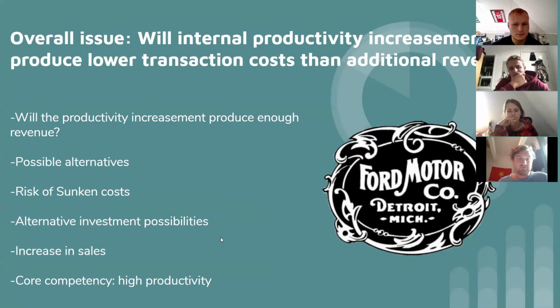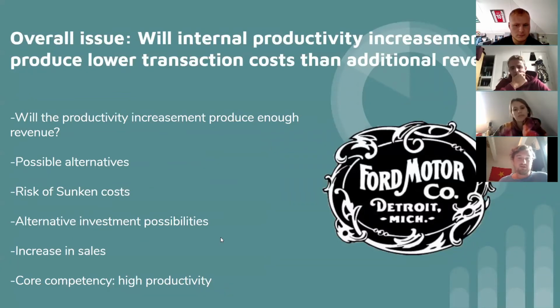There's also a possibility for Ford to invest in other sectors besides production. For example, they could choose to customize possibilities for individual consumers. Moreover, it's very uncertain whether higher productivity will surely lead to higher sales and therefore additional revenue, because the project costs need to be covered by an increase in sales afterwards.